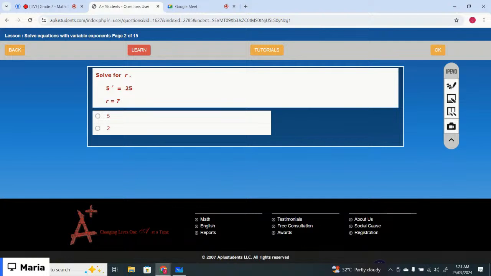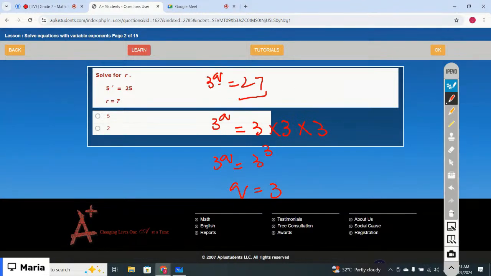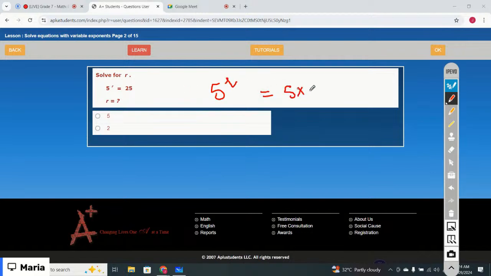5 exponent r equals 25. So you can write it as 5 exponent r equals, you can write 25 as 5 times 5. 5 exponent r equals 5 exponent 2, right?